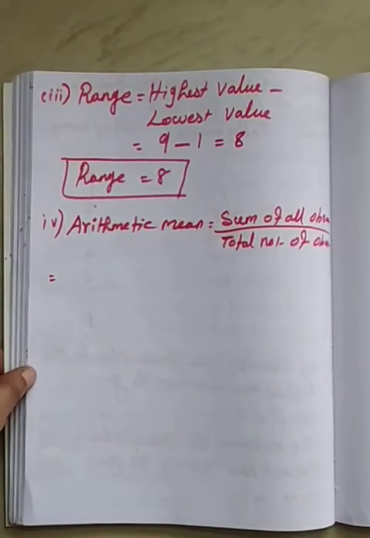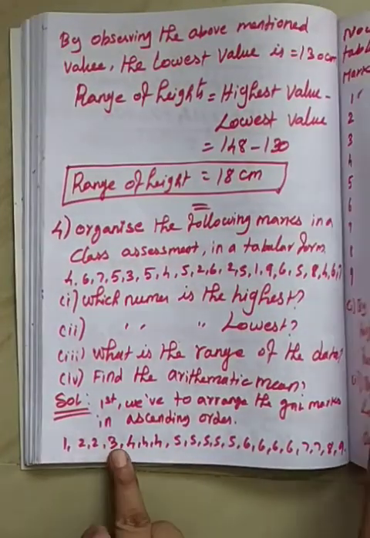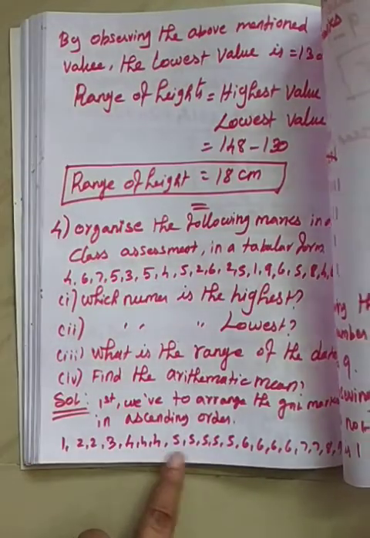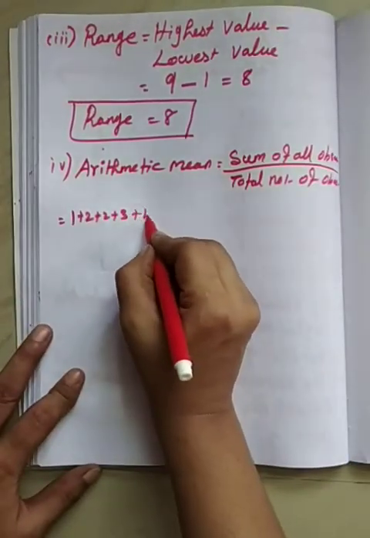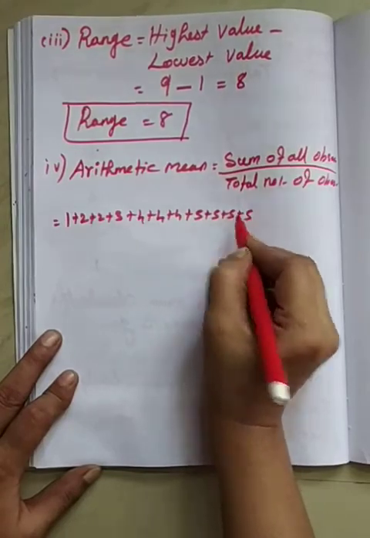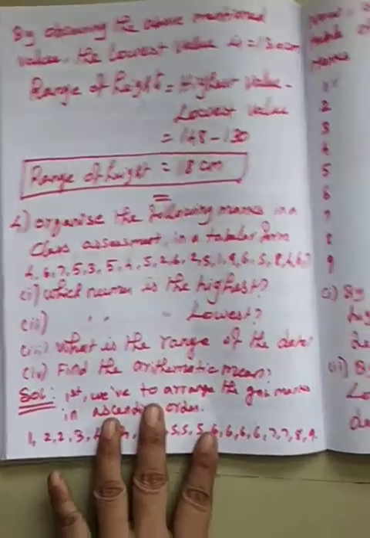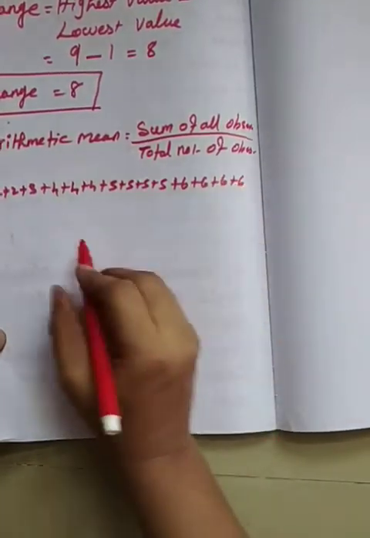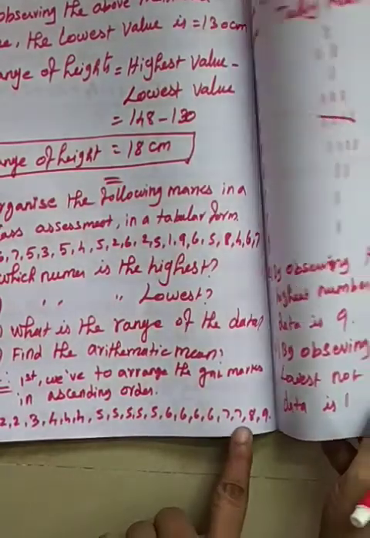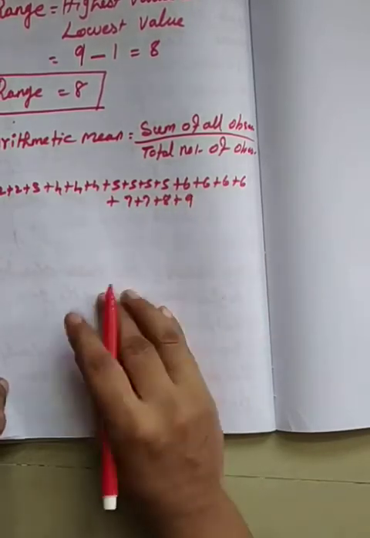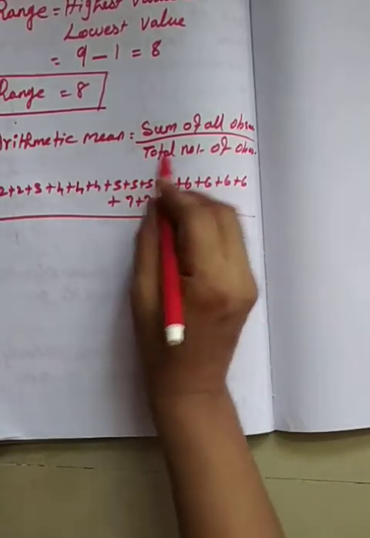See here, what is that? 1, plus 2 2 times, plus 3 1 time, plus 4 3 times, plus 5 5 times, plus 6 4 times, plus 7 2 times, plus 8 1 time, and then 9 1 time, divided by the total number of observations.